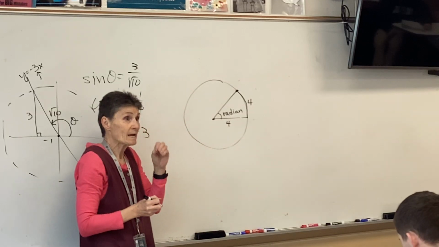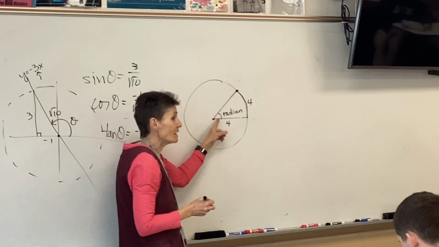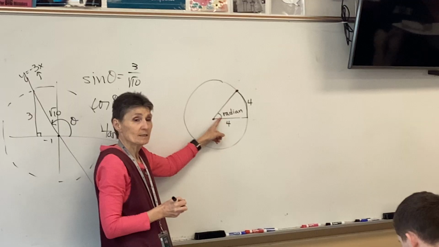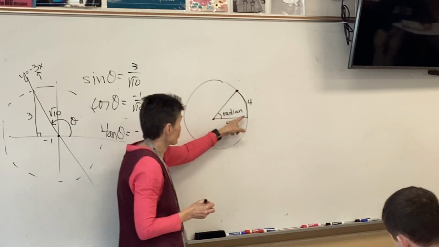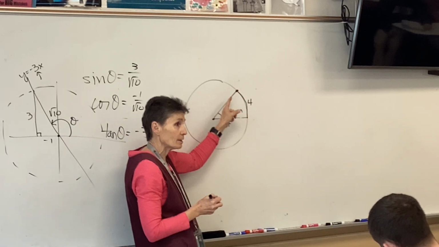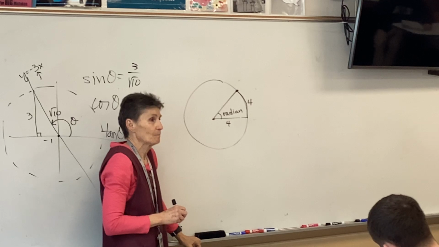So what's a radian? It is the measure of the angle determined by striking an arc of radius length.